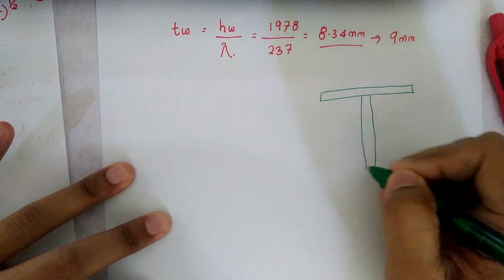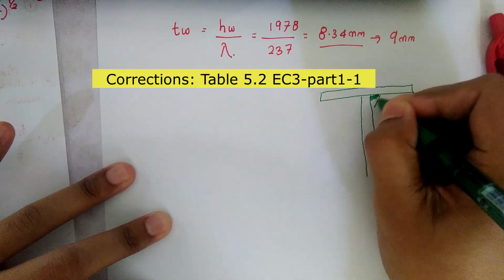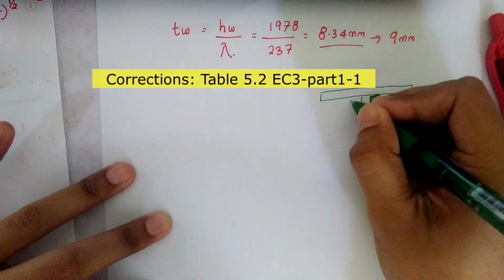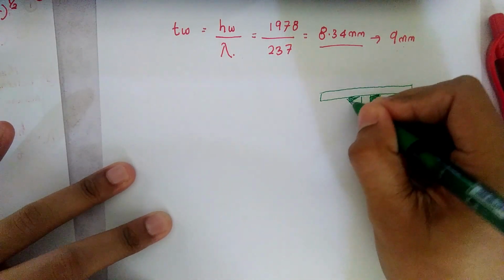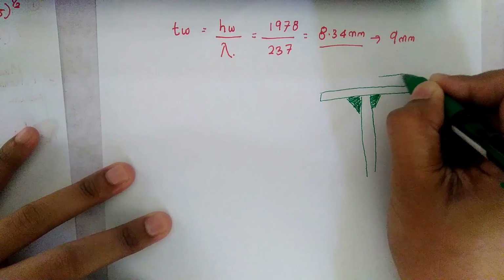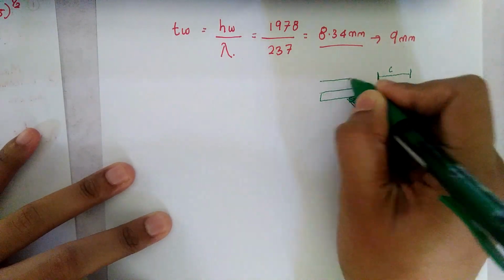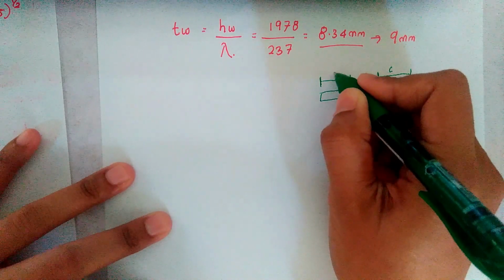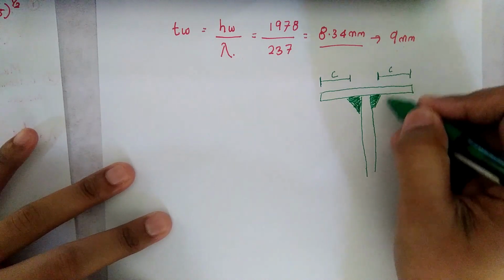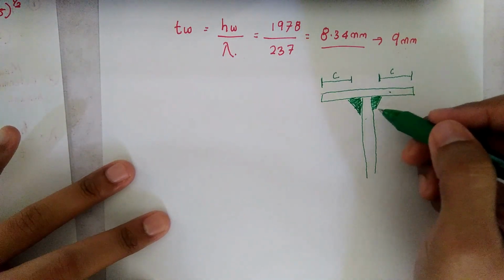If you still remember, in EC3 table 5.1 we have two sections: one is for rolled sections and the other one is for welded sections. And in our chapter 1, we calculated the C. In this case we are considering the welded section, because plate girder, as you learned from lecture 1, they are separated.